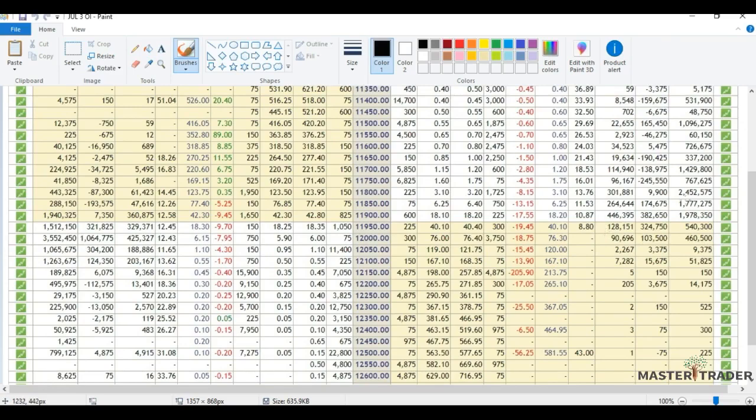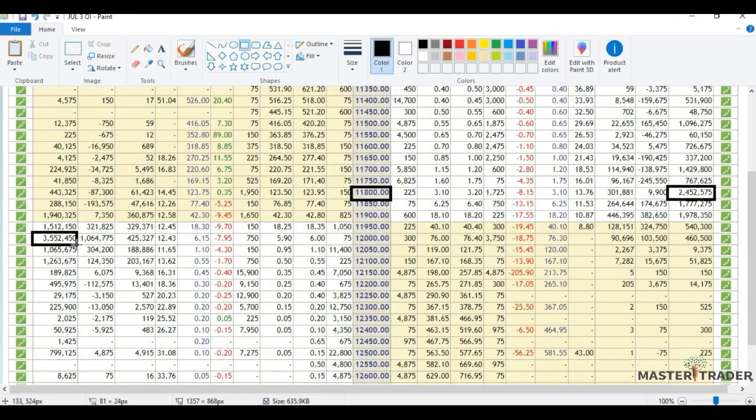So first thing, what do we need to do? We need to identify our boundaries. If we look on the put side, where is the highest open interest? Can we say it's right here, 24,52,000, which is at 11,800? Now come to the call side, and where is the highest buildup of open interest?